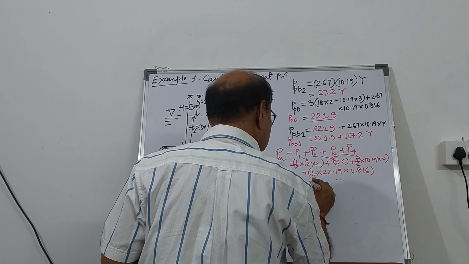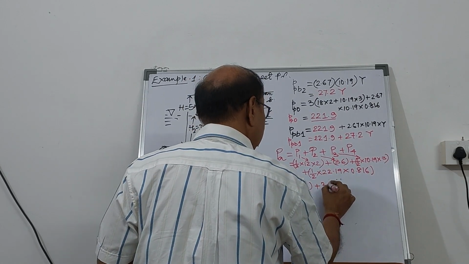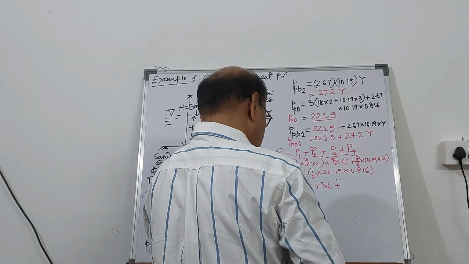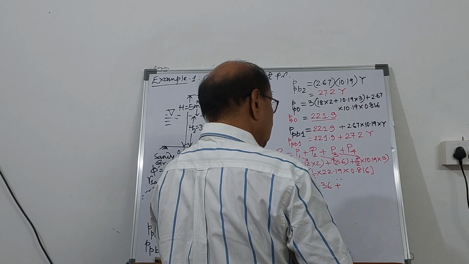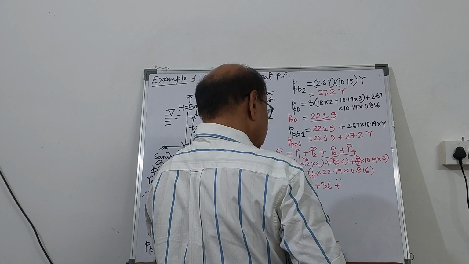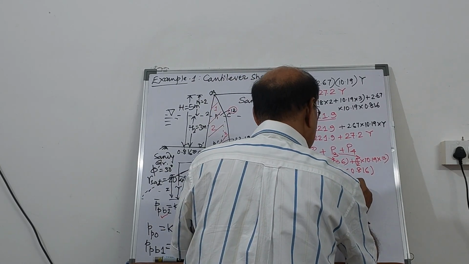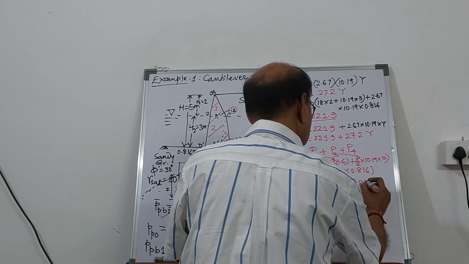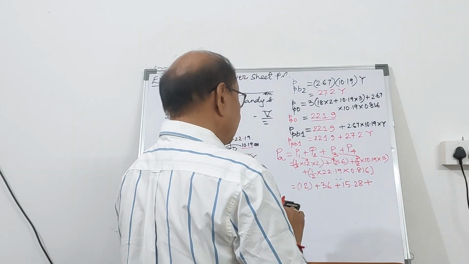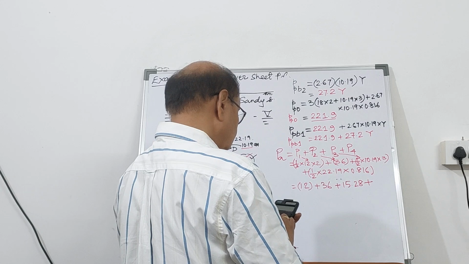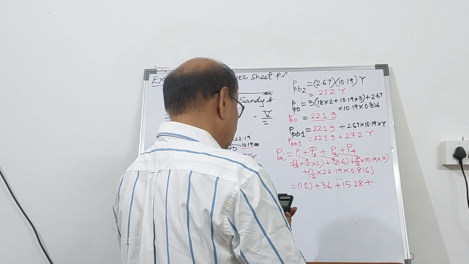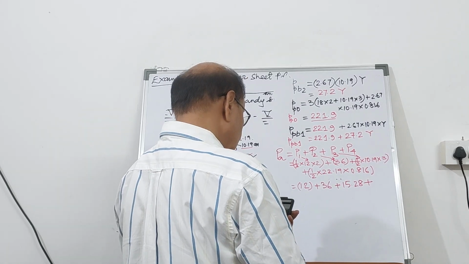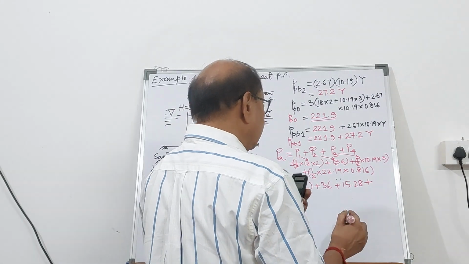So P1 becomes 12, P2 is 36, P3 becomes 15.28 plus P4 is going to be 9.05.